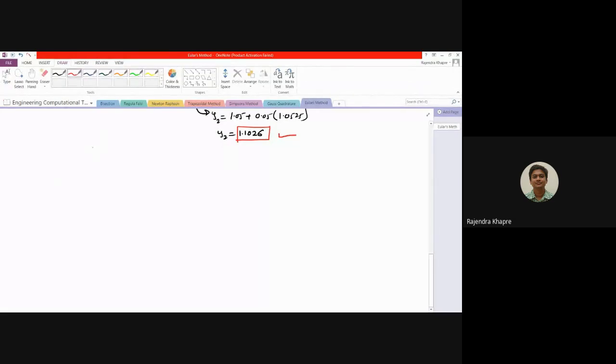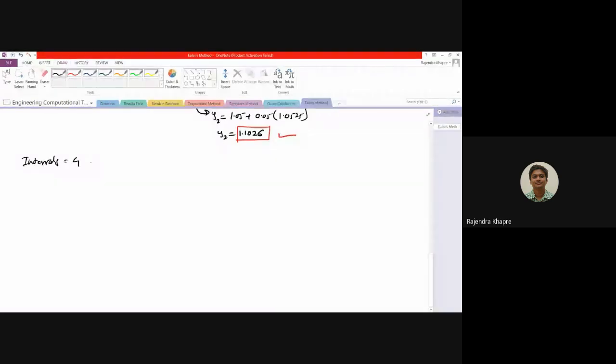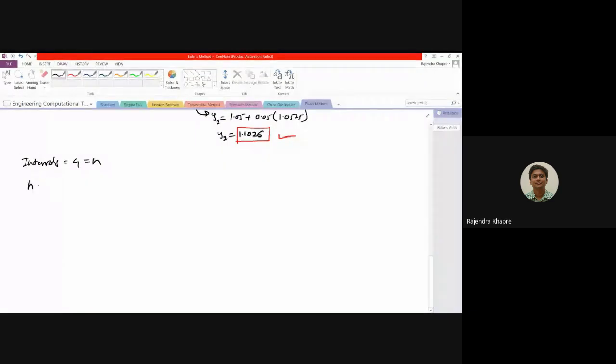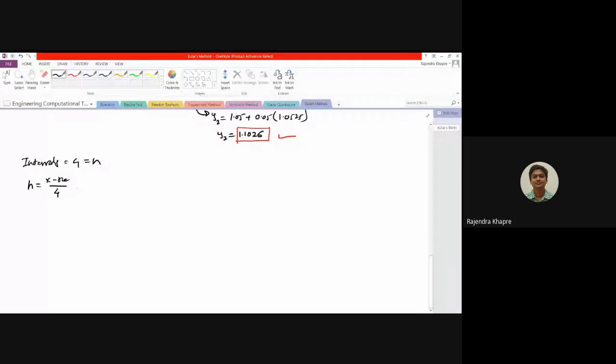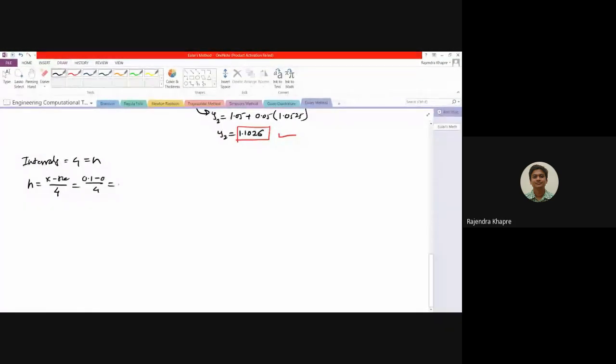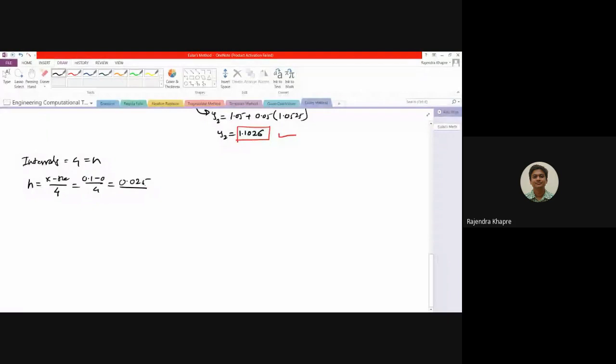Let me write it down here: the number of intervals is equal to 4, and let us call this n. In this case h will be x minus x0 divided by 4, so this is 0.10 divided by 4. How much is this? 0.025.